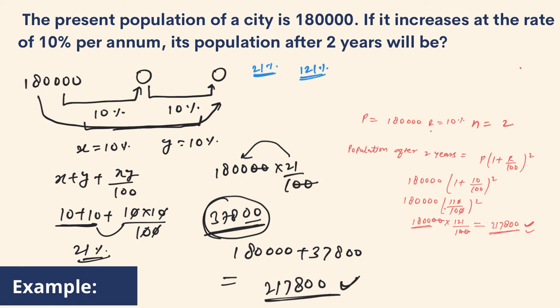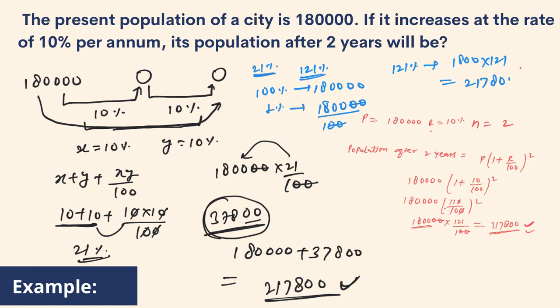If 100% is equal to 1,80,000, then 1% will be equal to 1,80,000 divided by 100. 00 to 00 cancel. So 121% will be equal to 1800 into 121, which is equal to 2,17,800. So by this way you can also get the value.